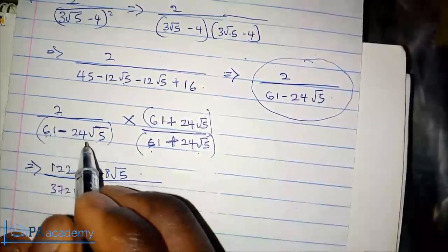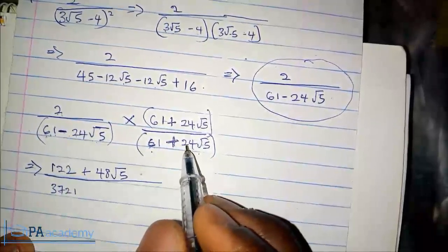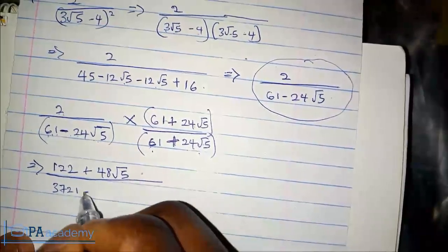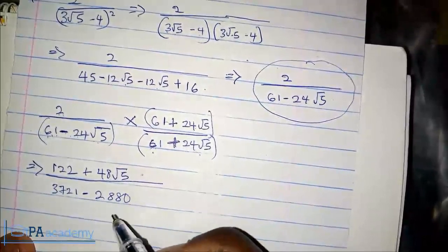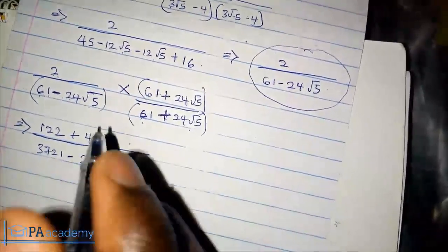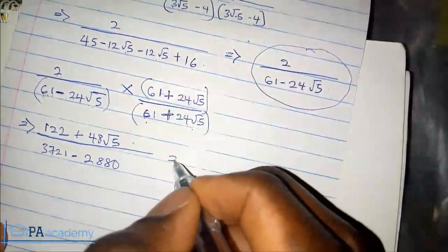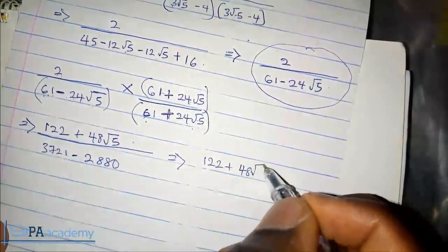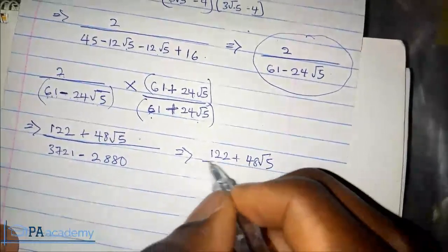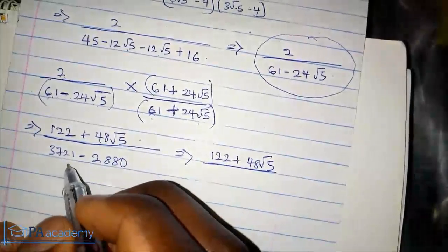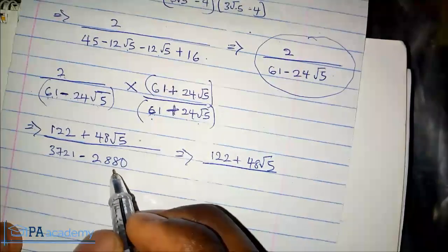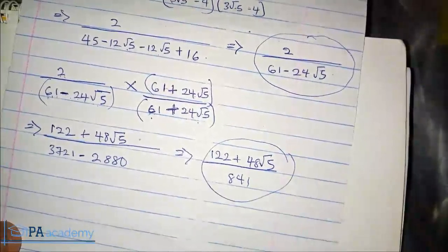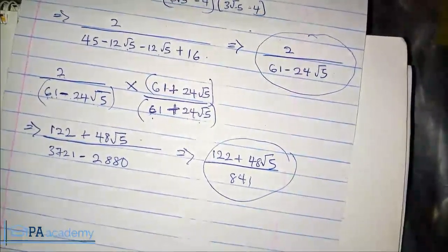So now minus 24 root 5 times 24 root 5 will give us minus 2,880. If you simplify it further, we are going to have 122 plus 48 root 5 over 3,721 minus 2,880, which gives us 841. So this is the answer to question number 4.